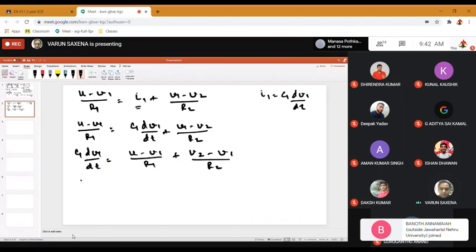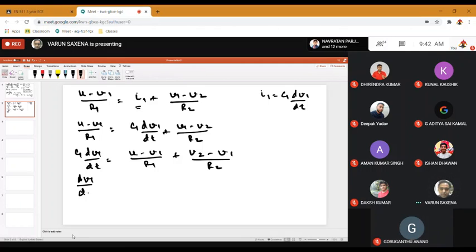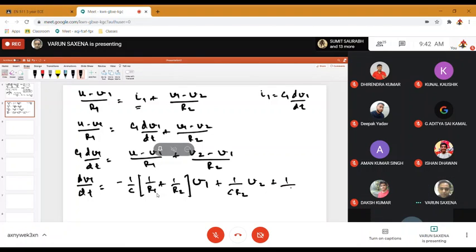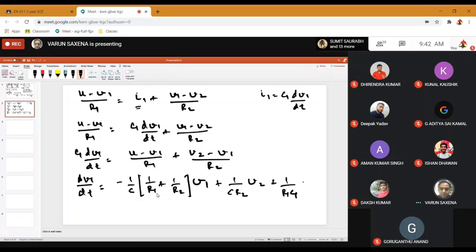So you get dv1 by dt equal to minus 1 upon C, and just correct me if I'm wrong, 1 upon R1 plus 1 upon R2 times V1, plus 1 upon C R2 times V2, plus 1 upon R1 C1 times U. So I get the first equation, which is in terms of the state variable, this is V1 dash.